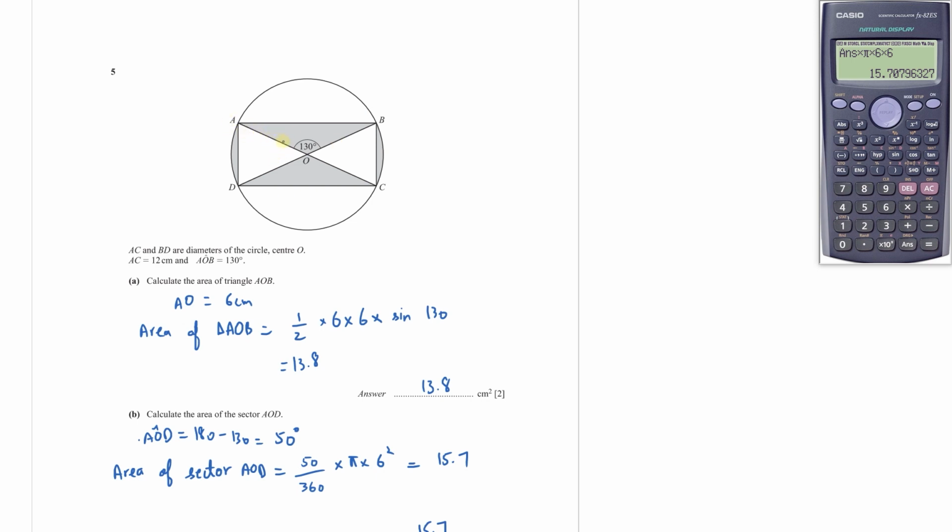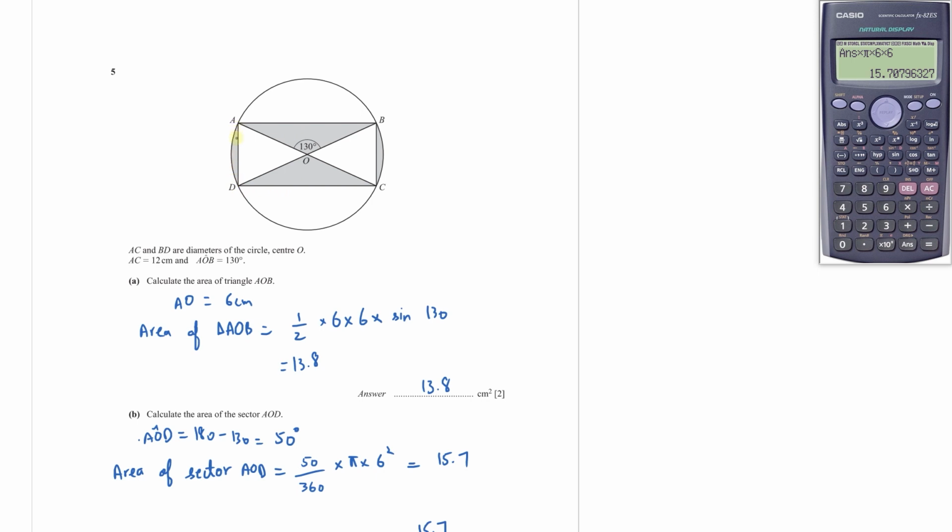We have already calculated the area of triangle AOB. Triangle DOC will be exactly the same, because this length is also 6, this length is also 6, which are the radius. This angle is also 130 because these are vertically opposite angles. So the area of this triangle and this triangle are the same.